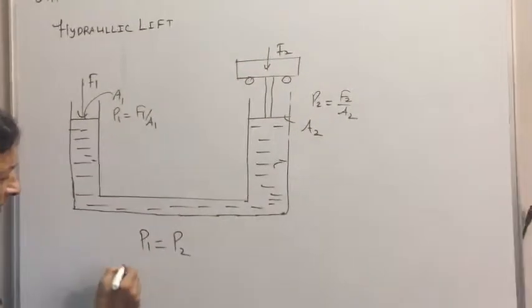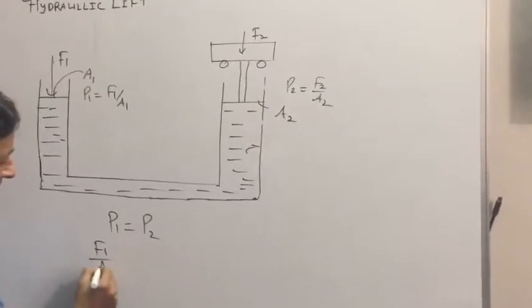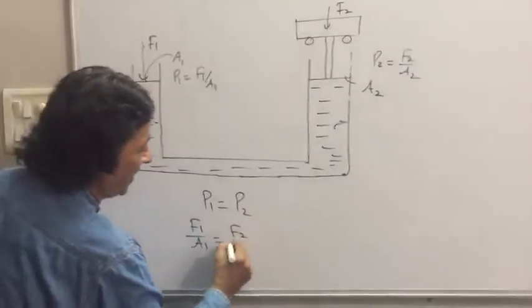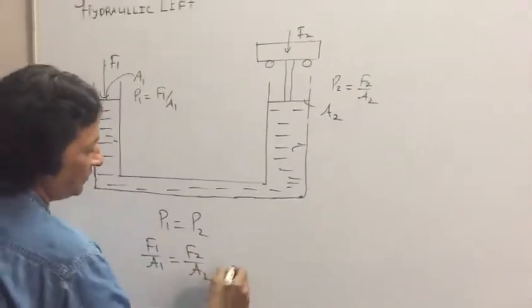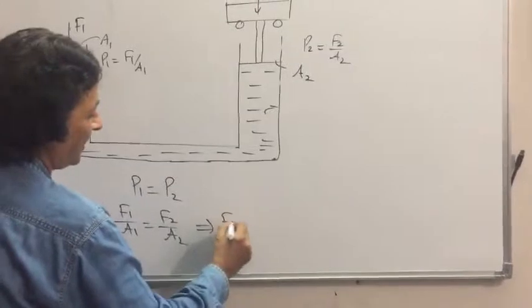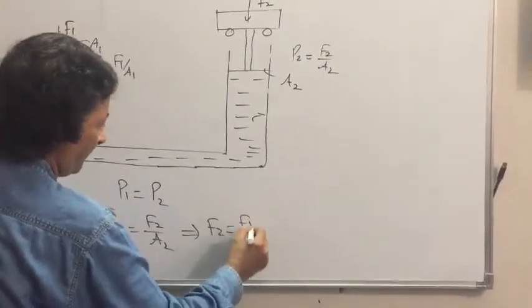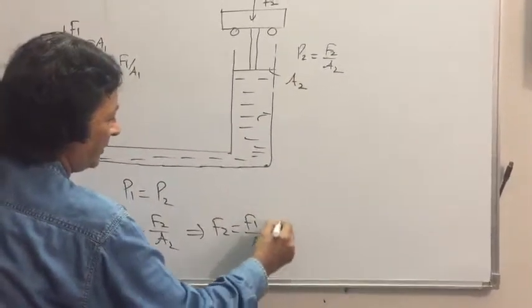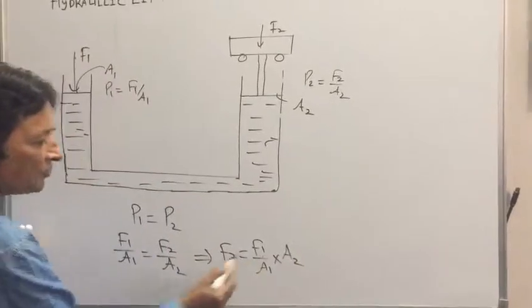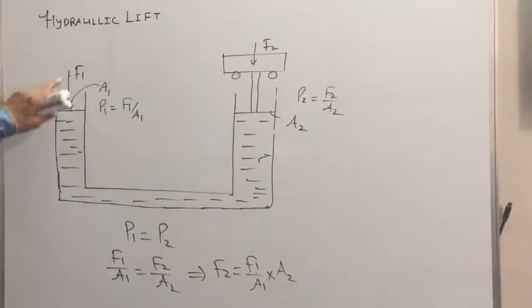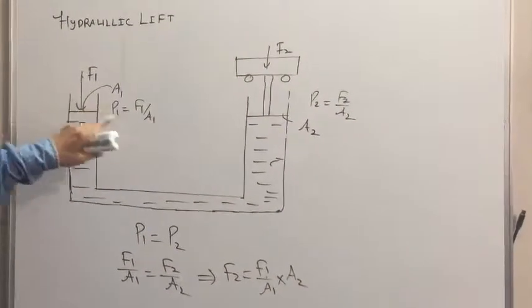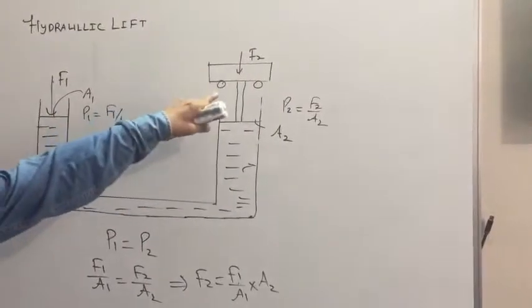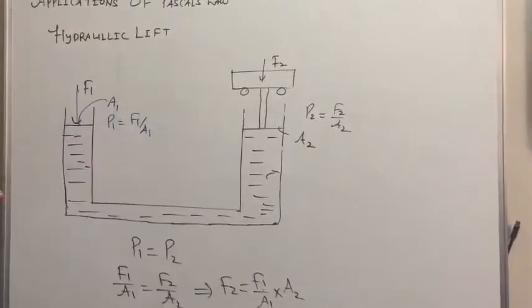Very simple it is. F1 upon A1 equal to F2 upon A2. This implies F2 equal to F1 upon A1 into A2. Do you know, students, what is F1? The applied force here. What is F2? The weight of the vehicle here.